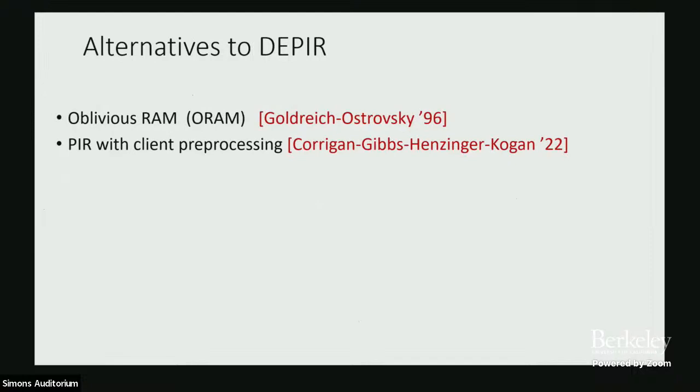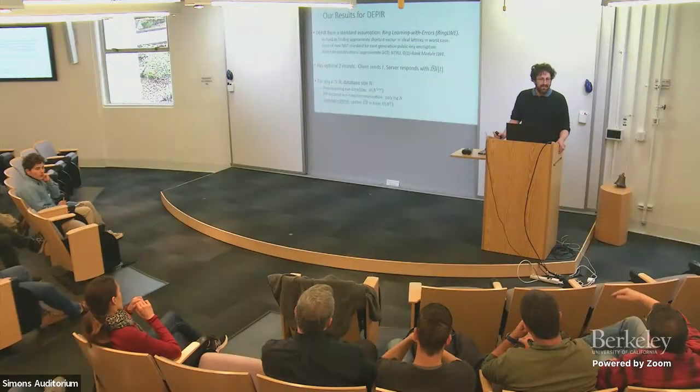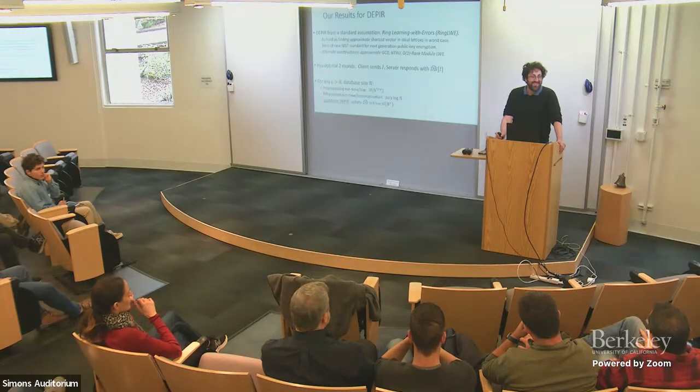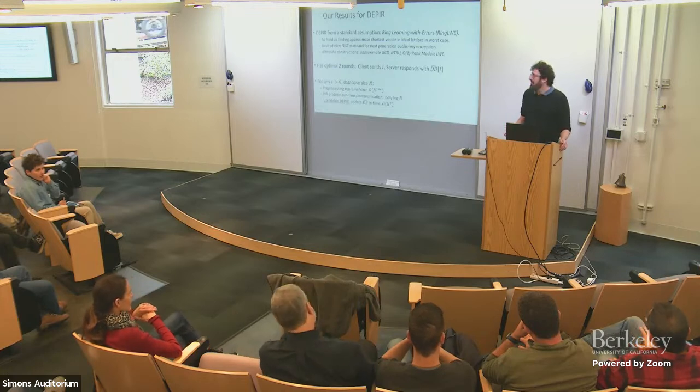Good. So I want to quickly go back to the slide about the updatability. It's a bit counterintuitive here, because you expect it to be a good error correcting code, and so how do you update a good error correcting code? Good. So it doesn't have to be a good error correcting code. I'm not going to talk much about it. I'll say a few words on a later slide.